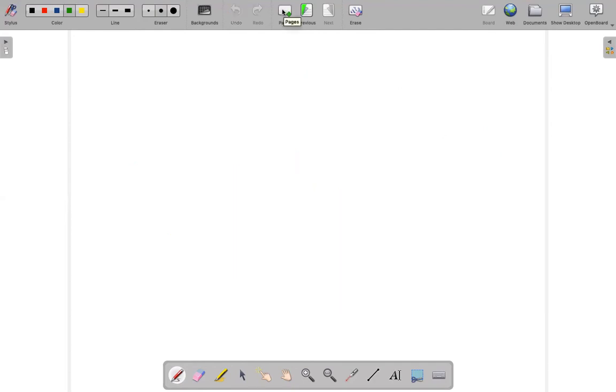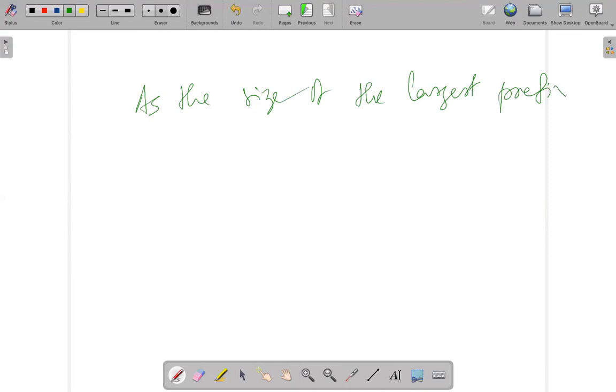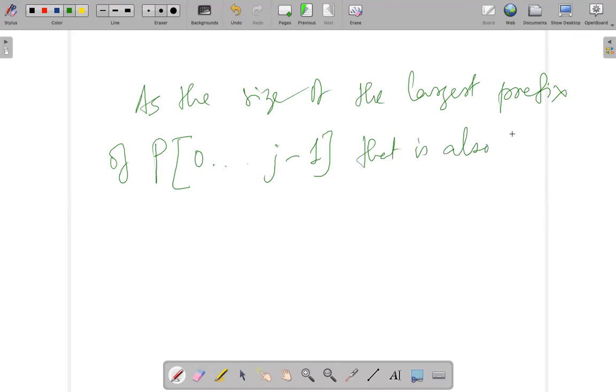So it is typically defined as the size of the largest prefix of the pattern, say from 0 to j minus 1, that is also the suffix of p1 to j.